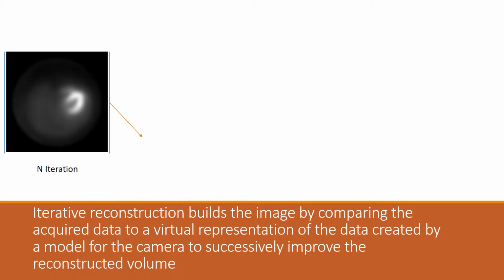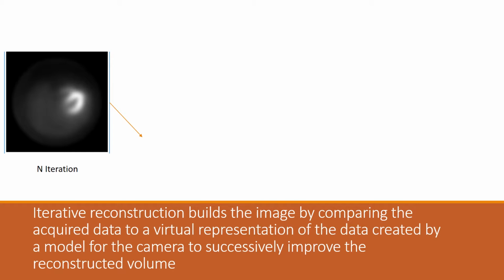Most half-time, half-dose software programs available on the market today rely on an iterative reconstruction algorithm, like the ordered subset expectation maximization algorithm, to integrate the blurring model for the collimator into the reconstruction. Iterative reconstructions use a stepwise algorithm for comparing the actual projection data with a virtual representation of the data.